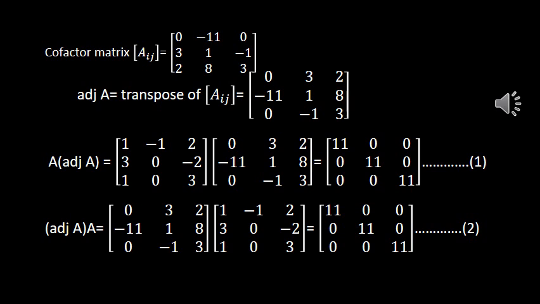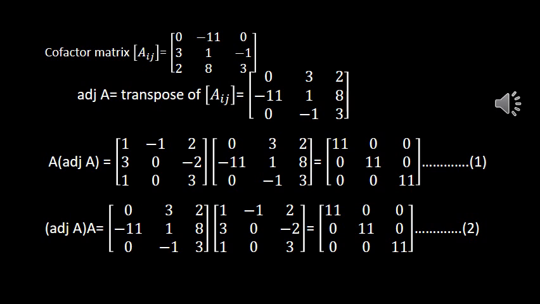That is 0. Similarly, all other elements are found. We have 11, 0, 0, 0, 11, 0, 0, 0, 11. Now, adjoint A into A. This is adjoint A, this is A. Now let's see the product.